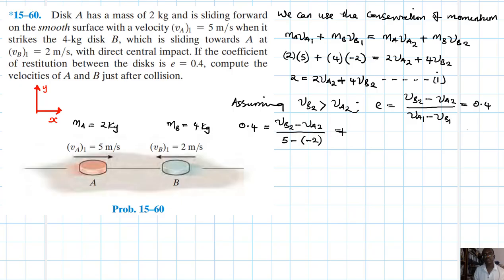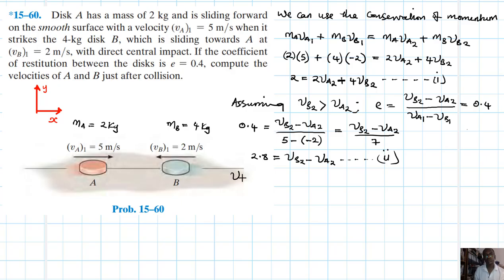It just gives us vB2 minus vA2 divided by 7. Therefore, 7 by 0.4 becomes 2.8. So this becomes equal to vB2 minus vA2, and this is our second equation.